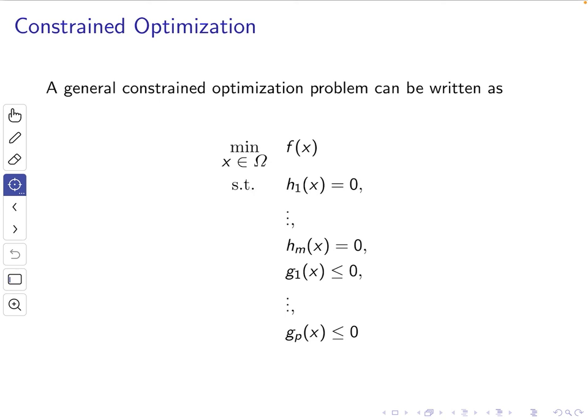Okay, so in general, a general constrained optimization problem can be written as follows. We want to minimize f of x for all x in omega such that m equality constraints are satisfied and p inequality constraints are satisfied. This would be your general nonlinear constrained optimization problem.